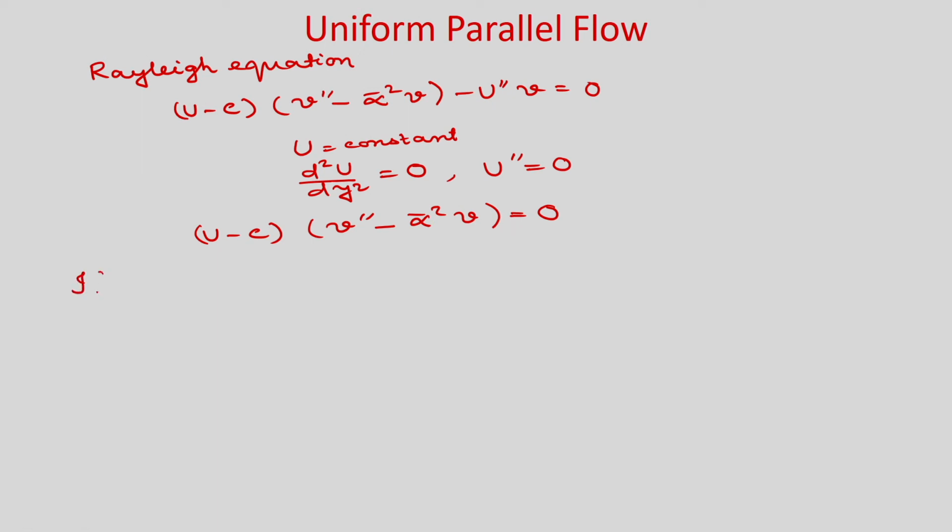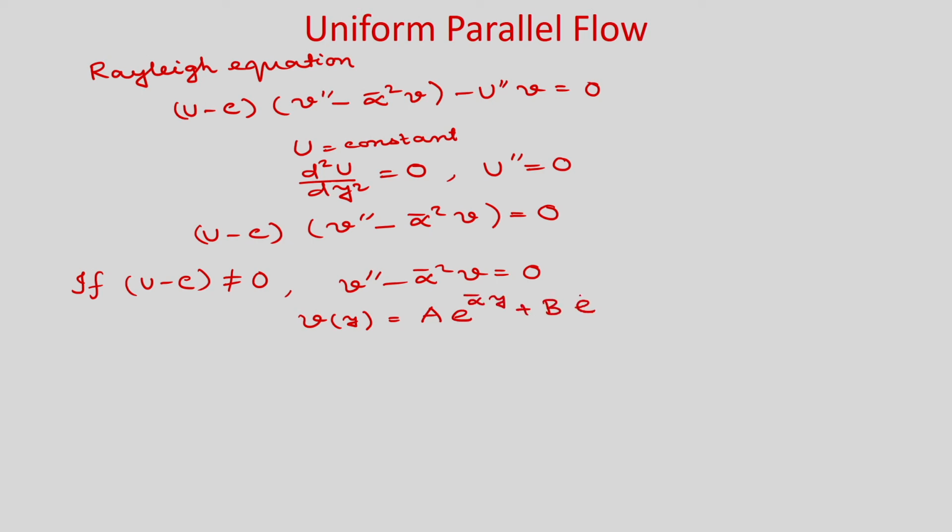If u minus c is not equal to 0, then we will have the equation v double prime minus alpha square v is equal to 0. And if you solve this equation, you will get the solution V(y) as a e to the power alpha y plus b e to the power minus alpha y.